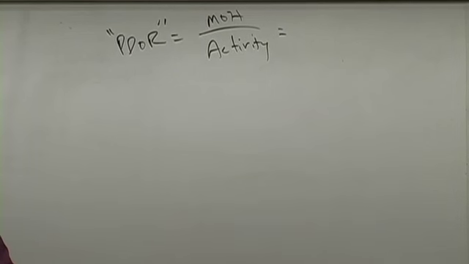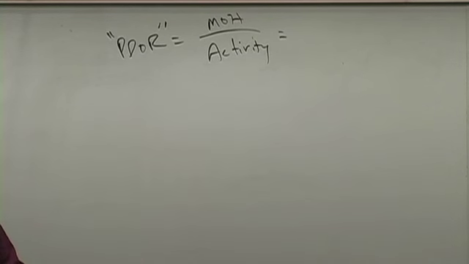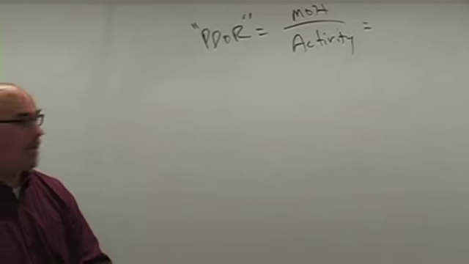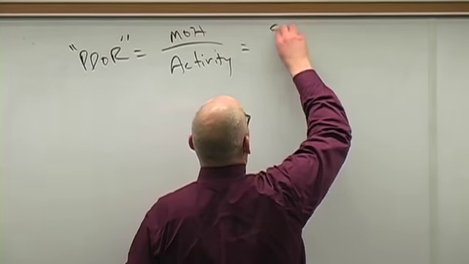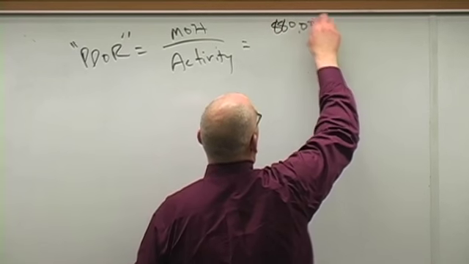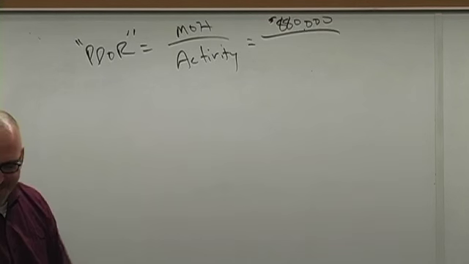Can you give me a number, Brandon? 880,000. 880,000 what? Dollars. And where does that go? On top. Okay. US dollars. Okay, what goes underneath? Brett? And then just read the sentence, 2A.